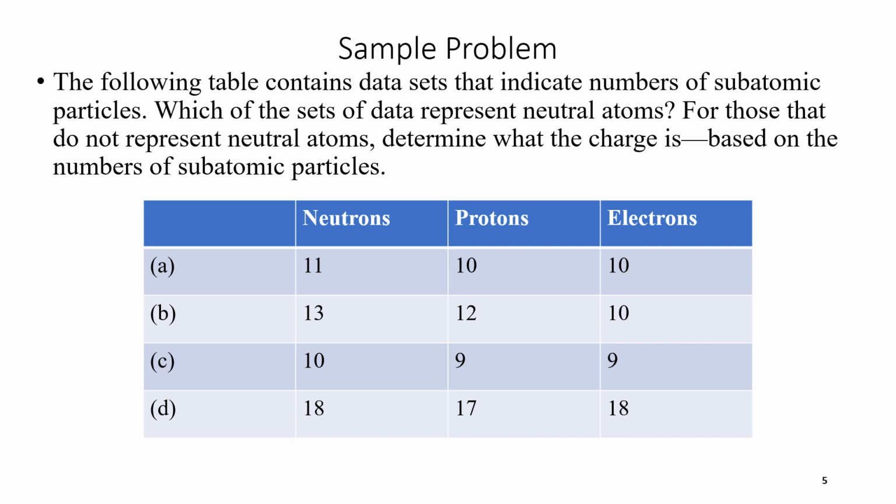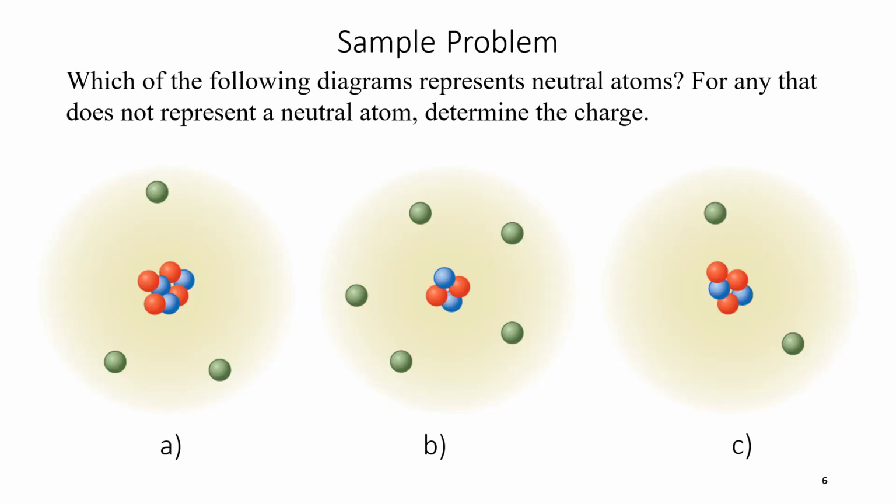Now it's time that you try a couple of problems. For this one, you have a picture. This diagram, so you have 3 different diagrams. Which one represents a neutral atom? If you do not have a neutral atom, what is the charge?